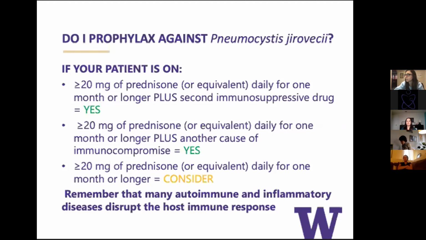There's a question: does the recommendation to screen for hepatitis B apply to those patients with previous hepatitis B serologies that show immunity? Yes, you should also be screening them, because we can talk a little bit later on about risk of reactivation.